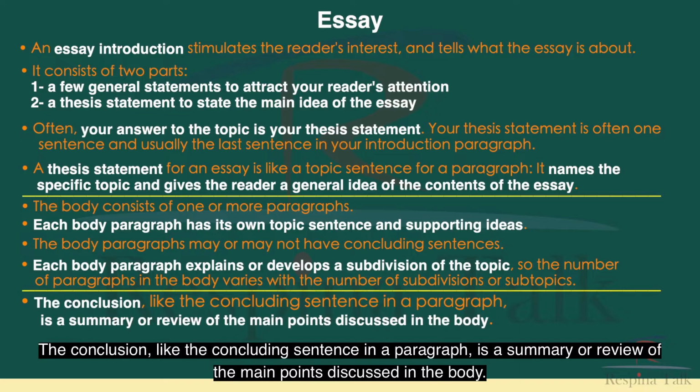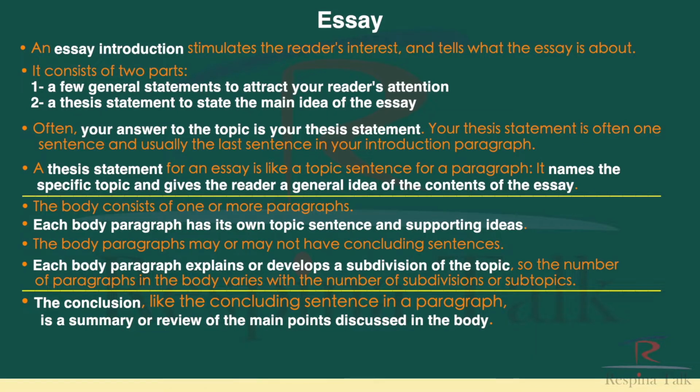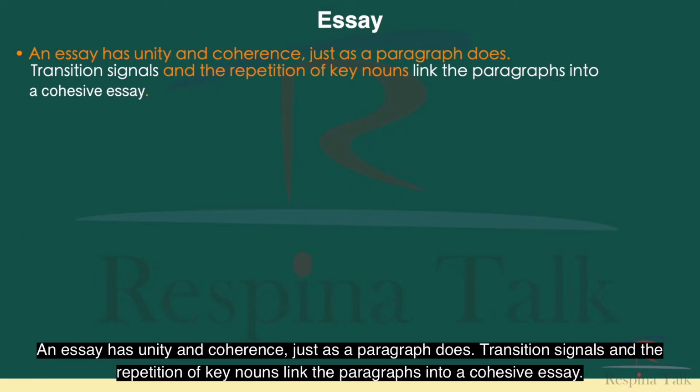The conclusion, like the concluding sentence in a paragraph, is a summary or review of the main points discussed in the body. An essay has unity and coherence, just as a paragraph does. Transition signals and the repetition of key nouns link the paragraphs into a cohesive essay.